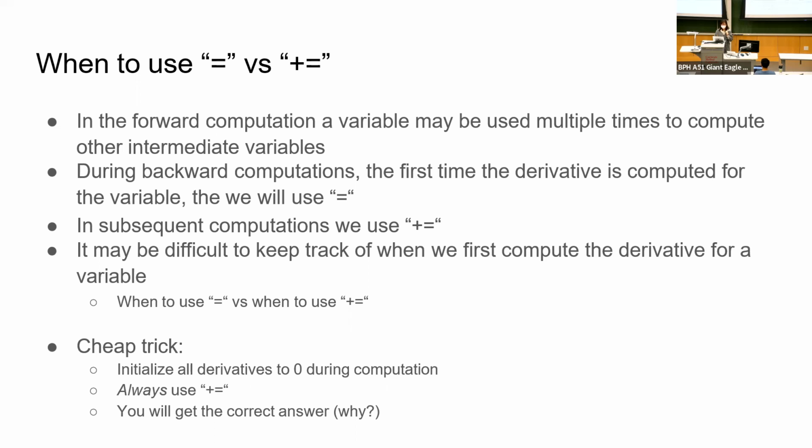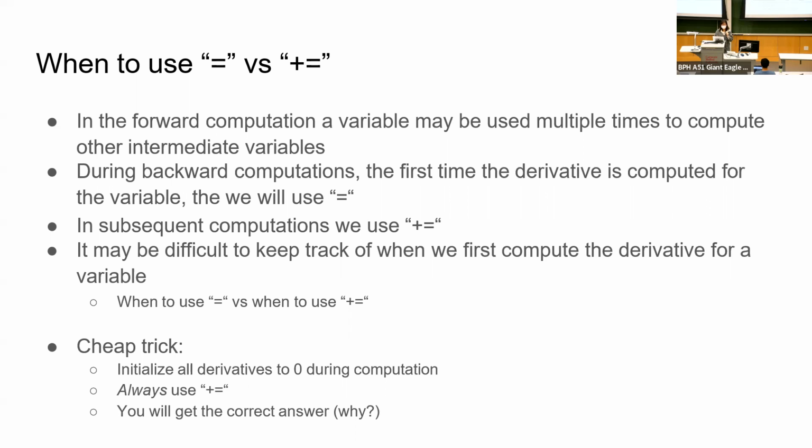So here we can follow several rules to figure out when to use equals and when to use plus equals. During backward computations, when the first time the derivative is computed for the variable, we should use the equals. We should directly set the value computed to the derivatives.